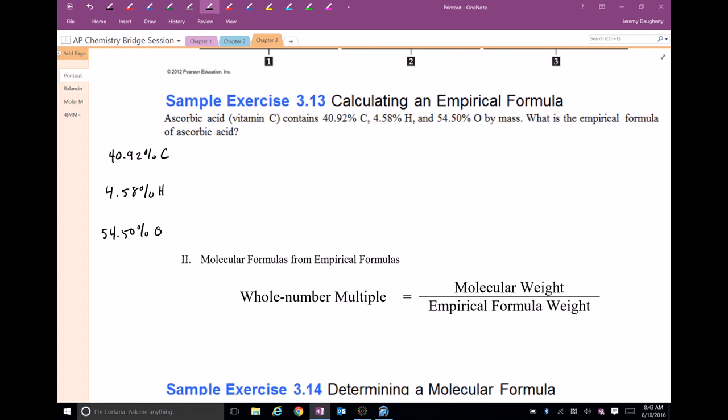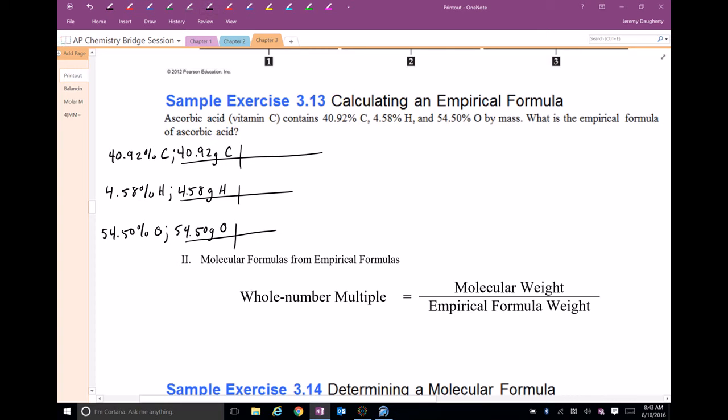So that means that I have 40.92 grams of carbon, 4.58 grams of hydrogen, and 54.50 grams of oxygen. So now I have grams of each.